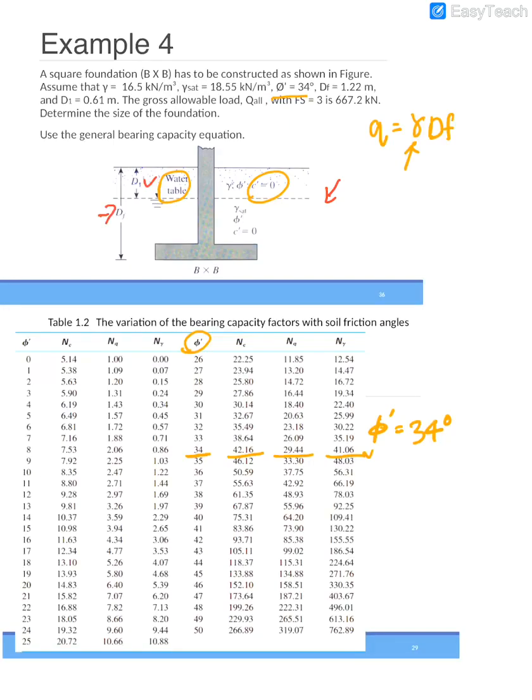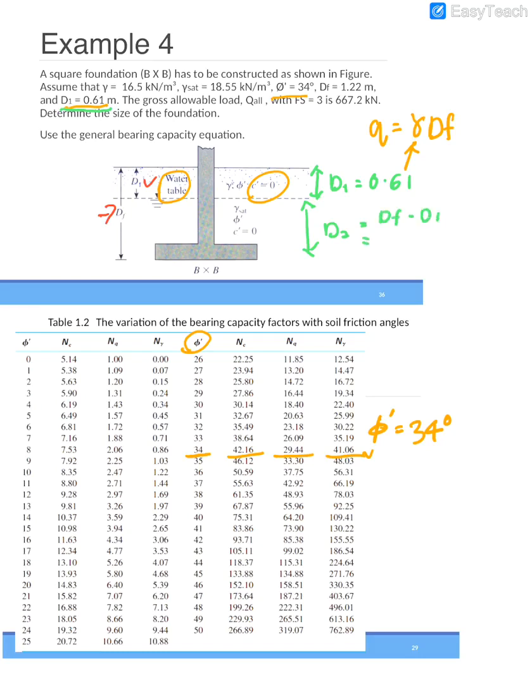D1 is given in the problem, 0.61. And D2 is df minus D1.